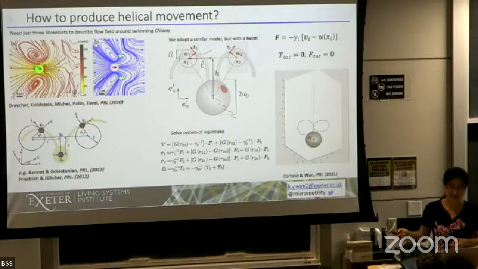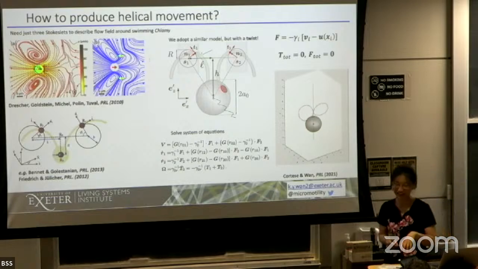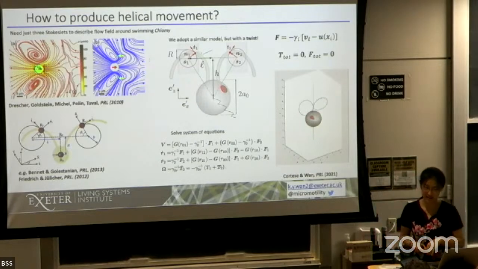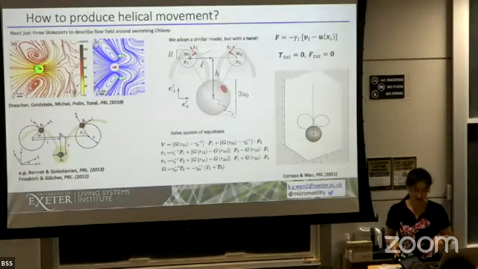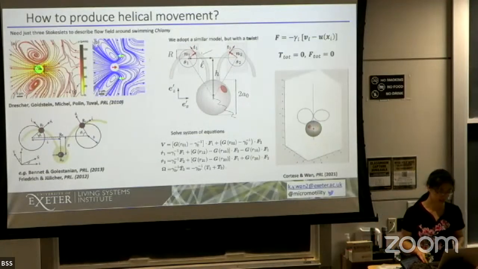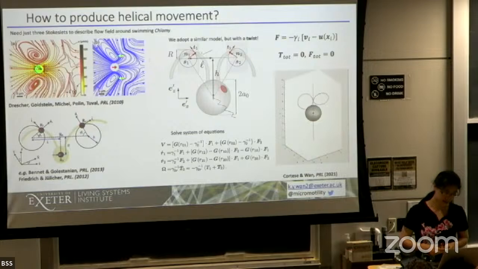So in this case, we just assume there's a Stokeslet attached or localized to the point of each of these flagella spheres. So this generates, in this case, a tangential force, and this mimics to some extent the swimming dynamics of one of these cells.